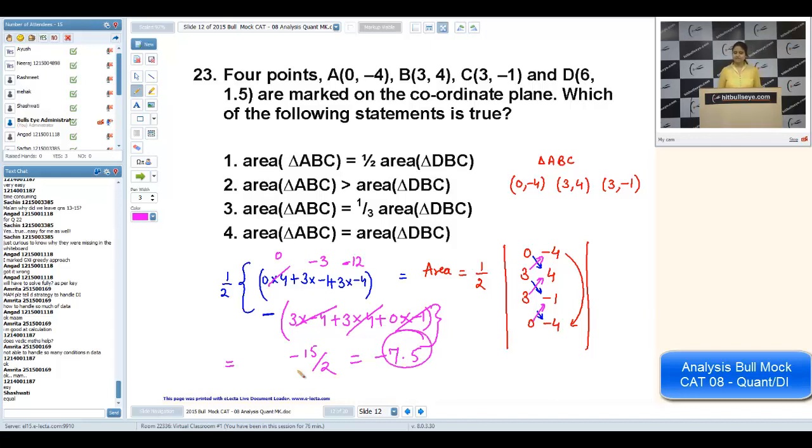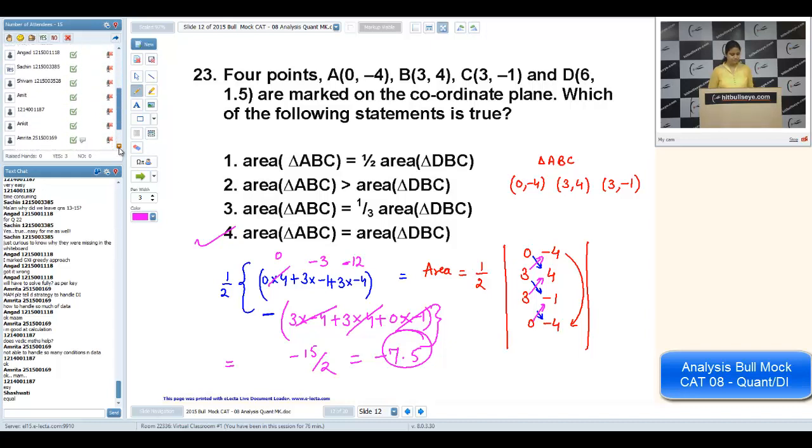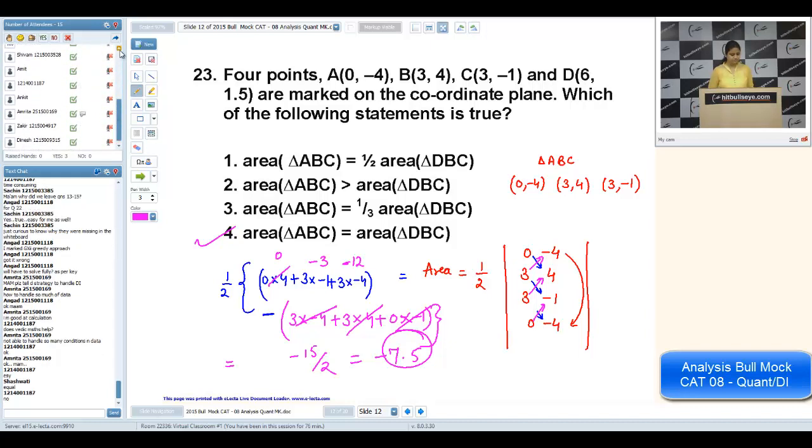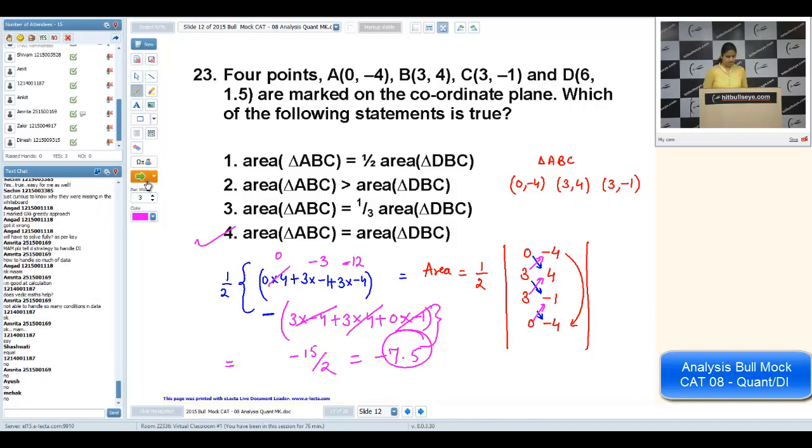Now with the same approach, we will calculate the area for triangle DBC. It comes out to be 7.5 only. So both the areas are equal. That's why the fourth option is the answer. Yeah, any problem now? If you are comfortable in the determinant, you can find the determinant.